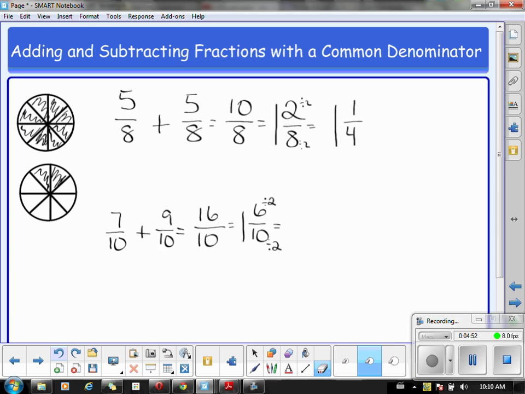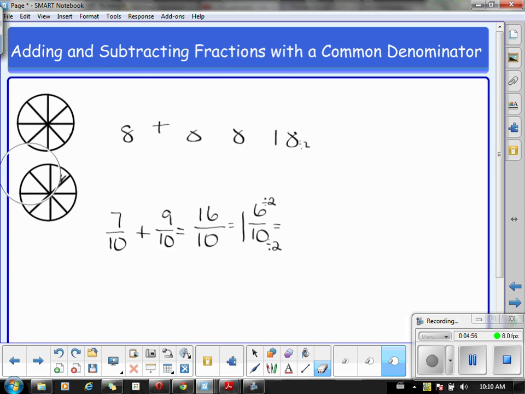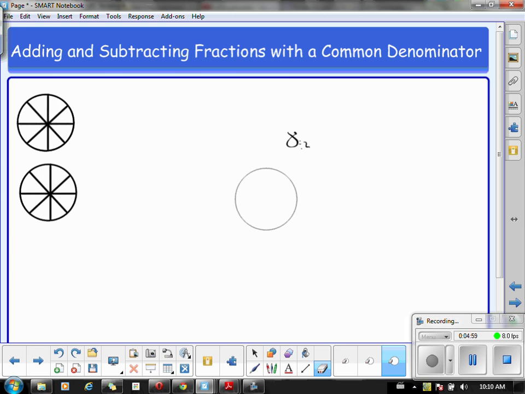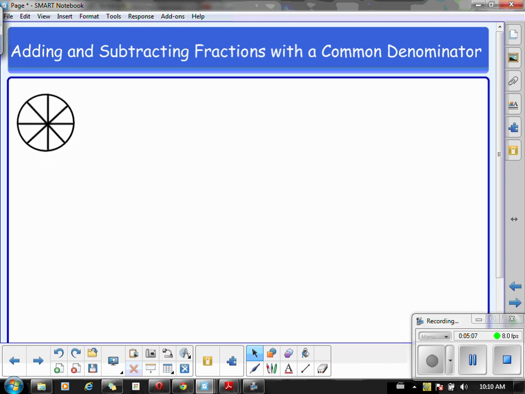When you're subtracting, the rules stay the same. So we're going to subtract, starting with 8 since I already have my circle drawn. We're going to think what the answer to 7/8 minus 5/8 would be. Go back to the picture.